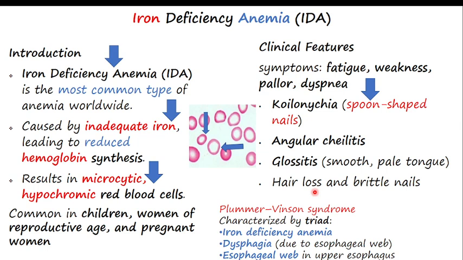There is also a syndrome which should be known in iron deficiency anemia, called Plummer-Vinson syndrome. This syndrome is characterized by iron deficiency anemia, meaning that in laboratory findings and symptoms you are going to have dyspnea, weakness, pallor, and so on. Even your nail is going to be spoon-shaped.